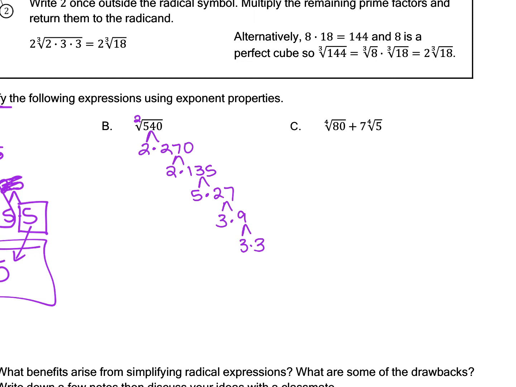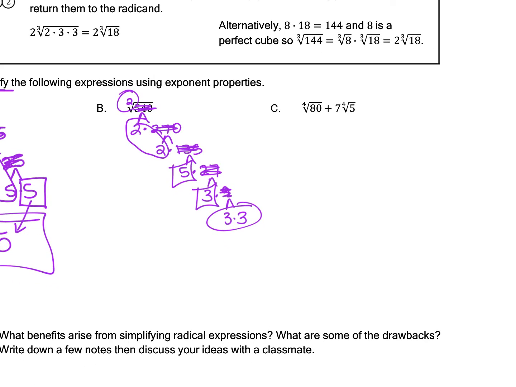So again, once you get all prime numbers, you can mark through them. You don't have to. I just like to. So since my index is a 2, because this is the square root, I want to find 2 of the same number. So I'm going to circle them together. And then I'm going to box in whatever is left. Sometimes you have more than one number. Box it in.